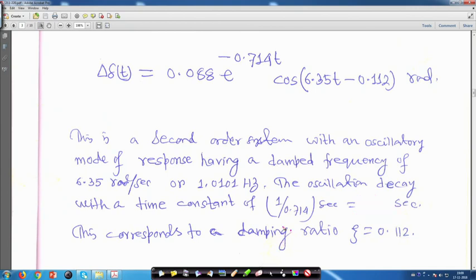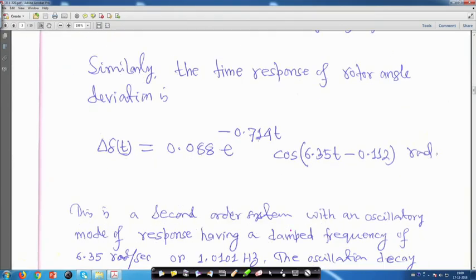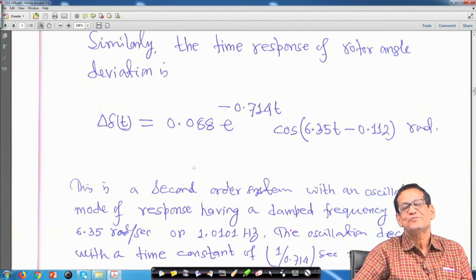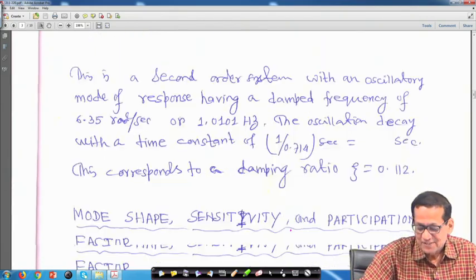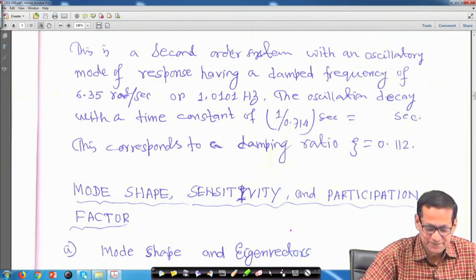So, from this thing you can find out the time constant, right. You know that it is basically e to the power minus t upon tau, right. So, it is 1 upon 0.714, whatever it comes to.